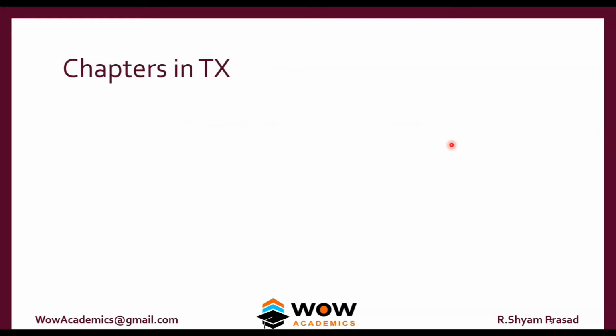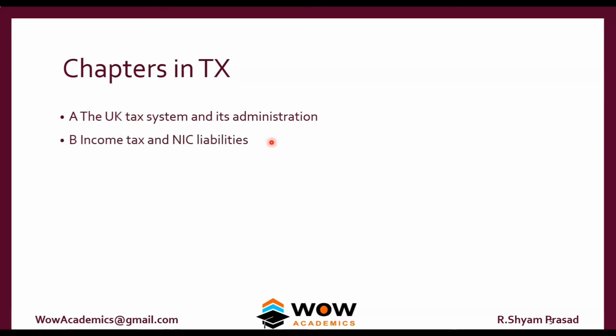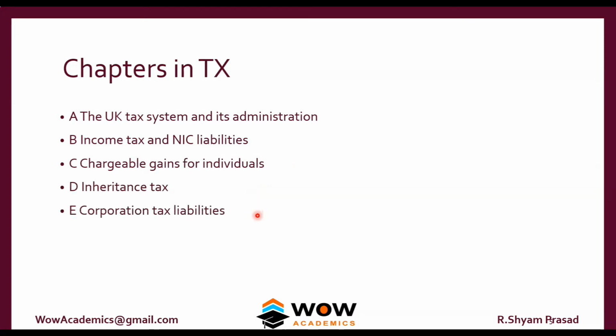In terms of the chapters in TX, these are the major syllabus settings we can say. Number one, the UK tax system and its administration, income tax and NIC liabilities, chargeable gains for individuals, inheritance tax, corporation tax liabilities, and value added tax.